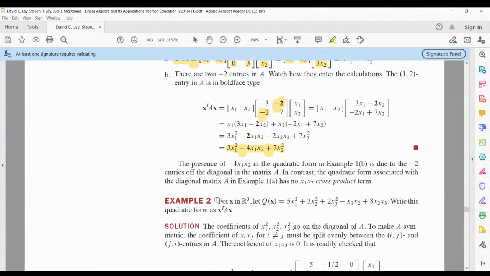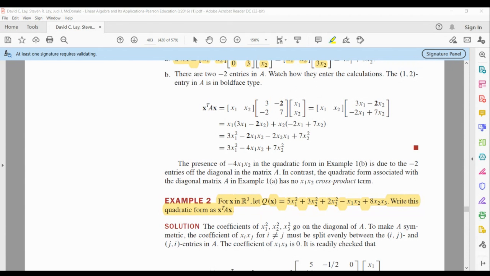So here in example 2, now we're having a vector in R cubed, and they're giving you the quadratic form, the result, what Q of X is.